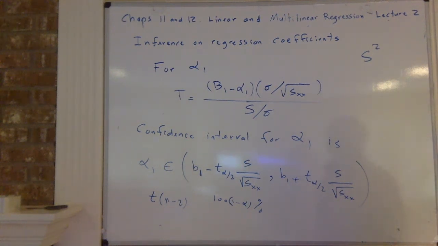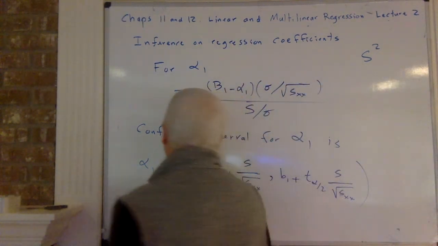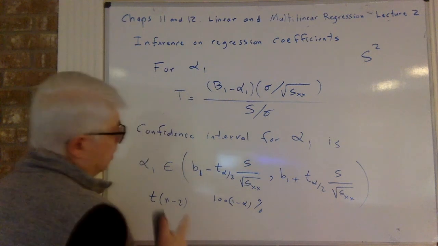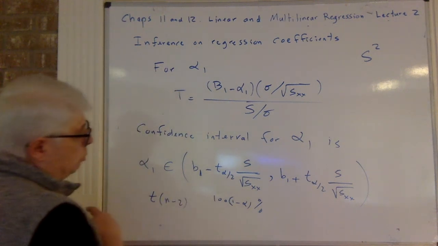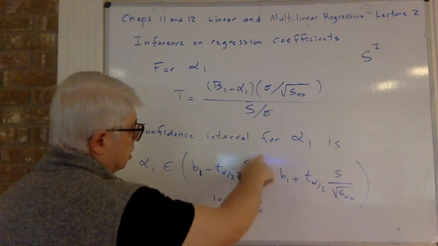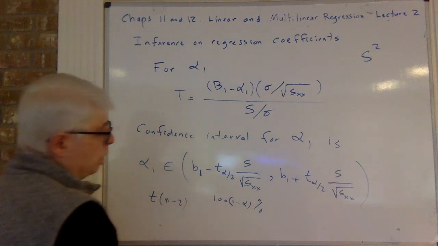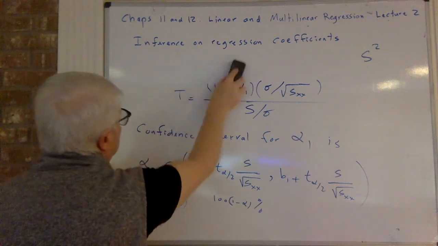So this is for alpha 1. Now in fact R calculates this thing, and I will explain that.